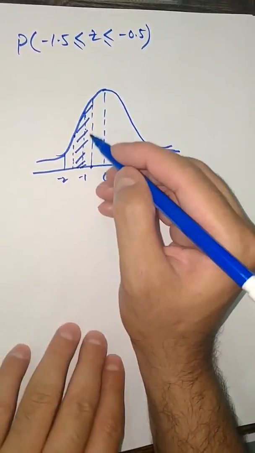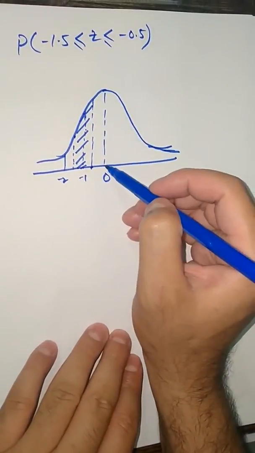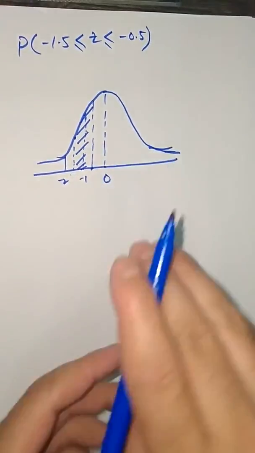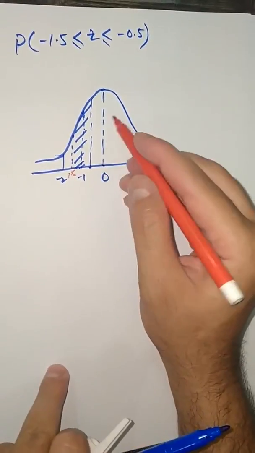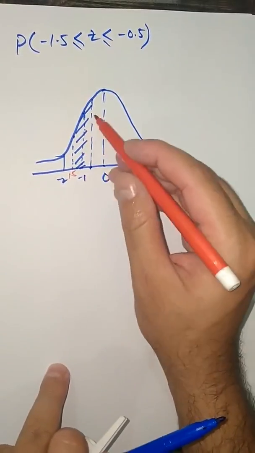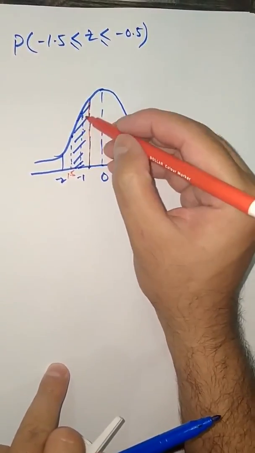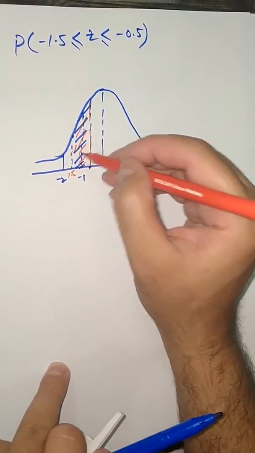So first I will find the probability from 0 up to minus 1.5, then I will subtract this region, so I will get the probability in this red region.